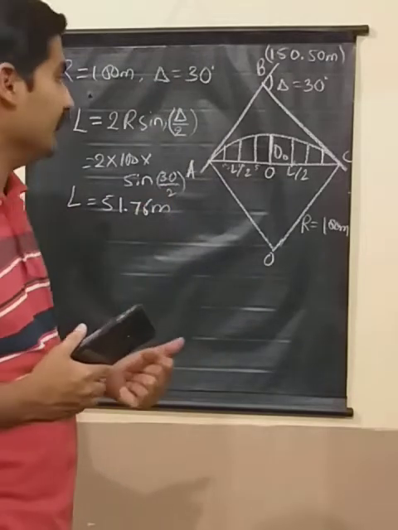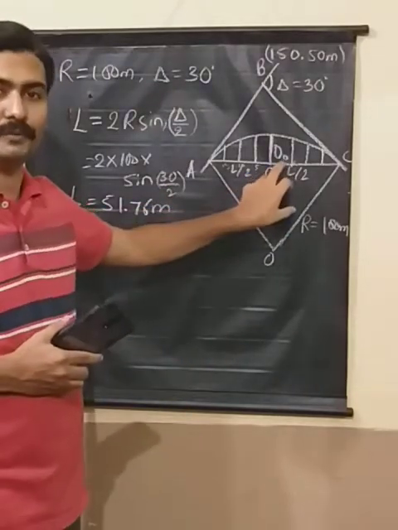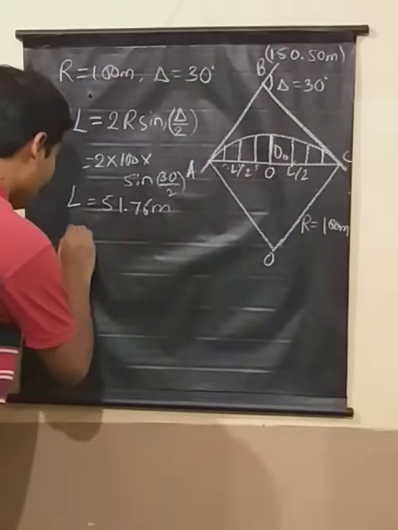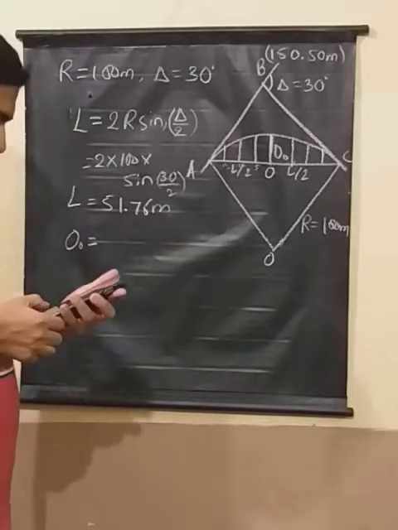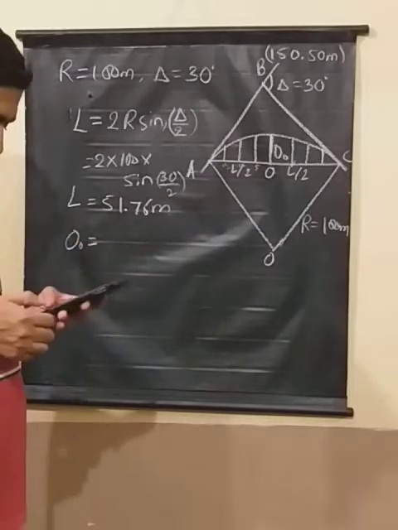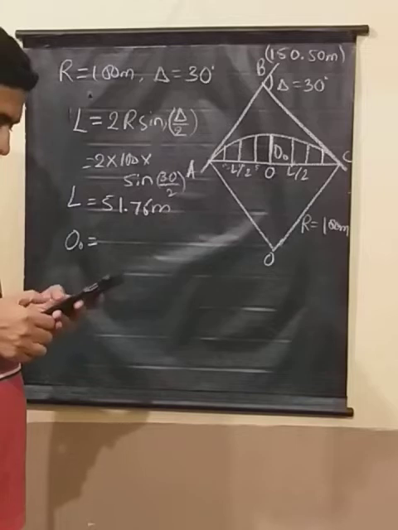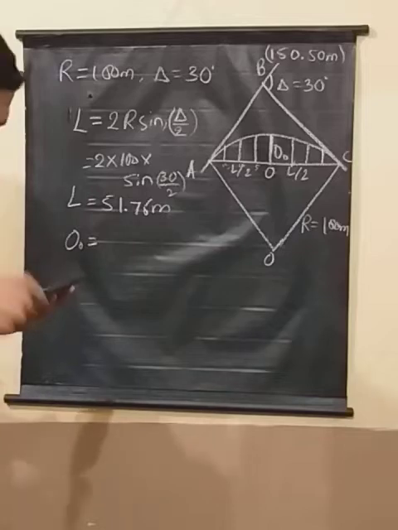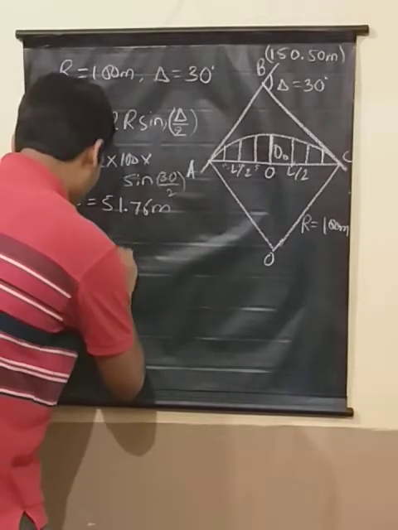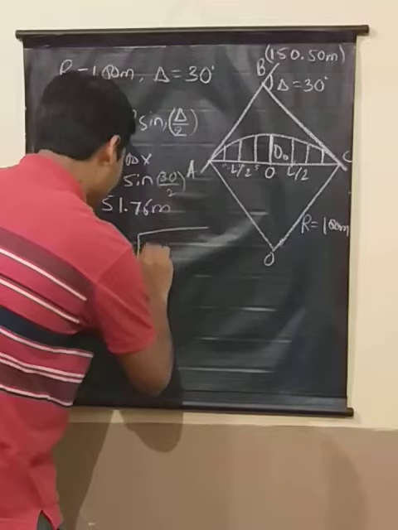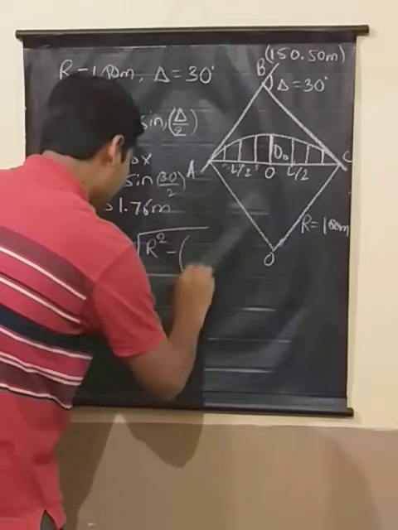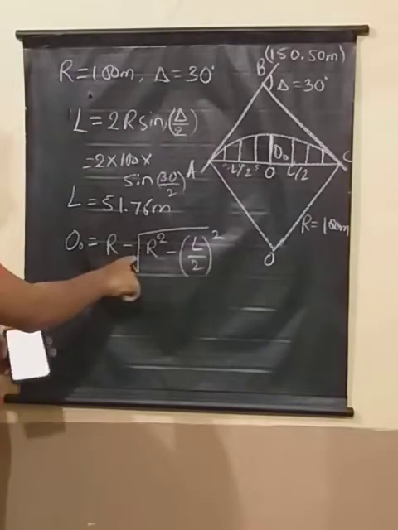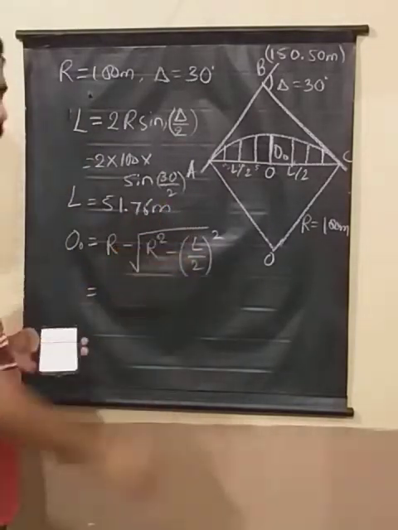To calculate the ordinates, first I will begin with O naught, that is the mid ordinate. We have the formula for the mid ordinate in terms of long chord: r minus square root of r square minus l by 2 whole square.